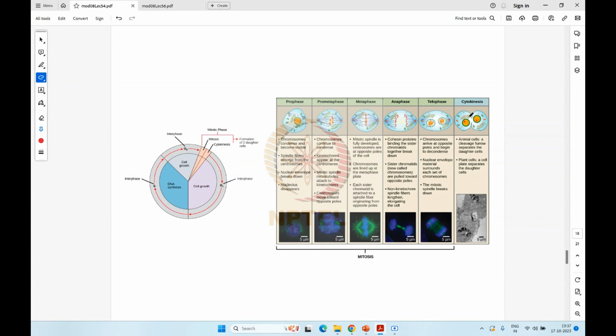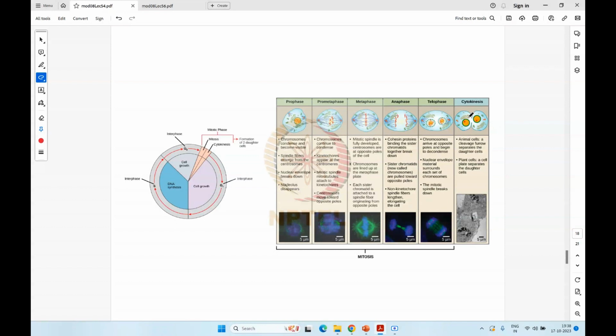There are cases in which cells would be entering M phase, but because of some defects, or because of how the environment is, they can't undergo cytokinesis, in which case they will have two nuclei present in the cell.